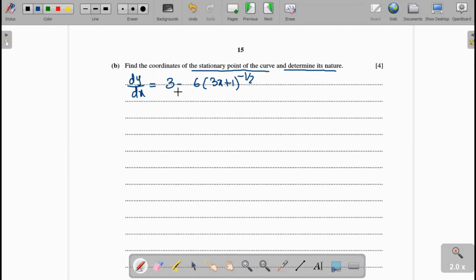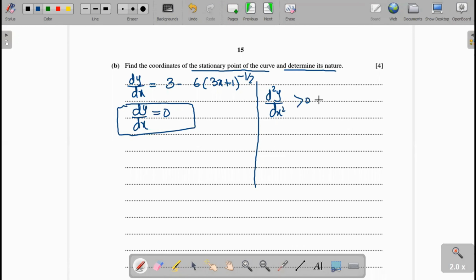We have to find the stationary point, the point where dy over dx will be 0. At this point, the curve will be at a maximum or minimum position. Now to determine the nature, we have to find whether d square y over dx square is greater than 0 or less than 0.